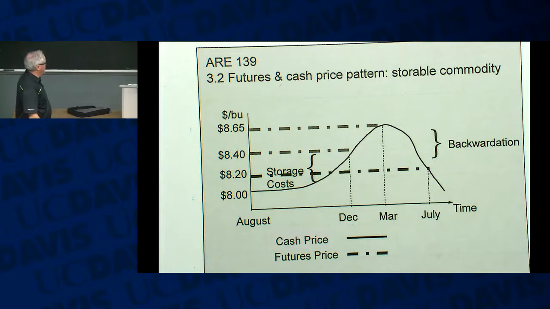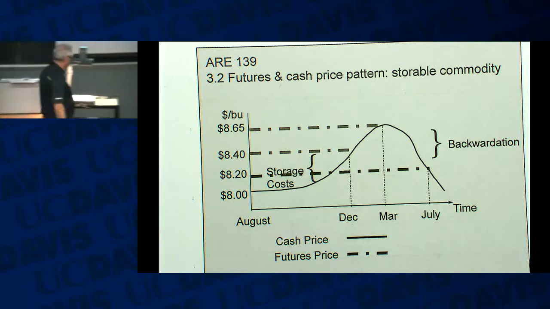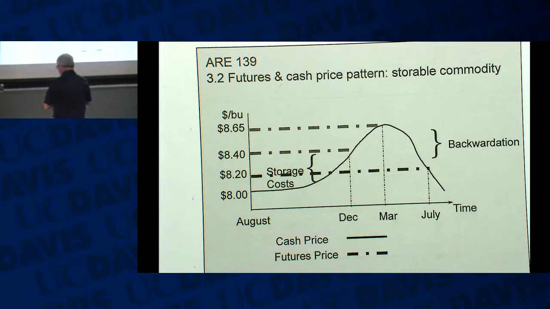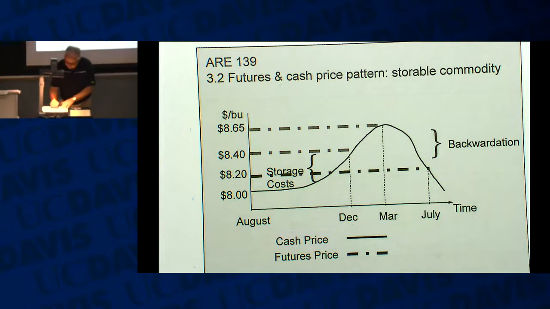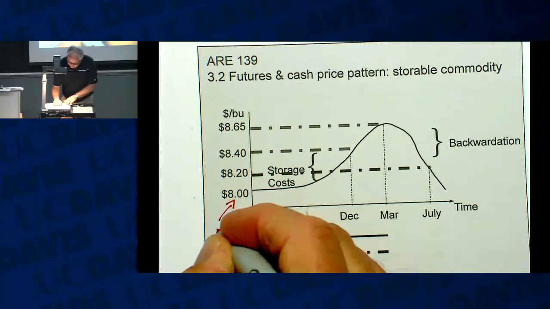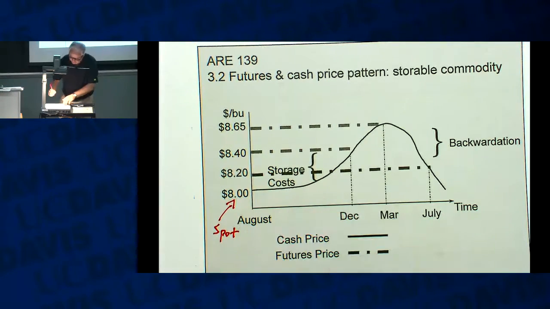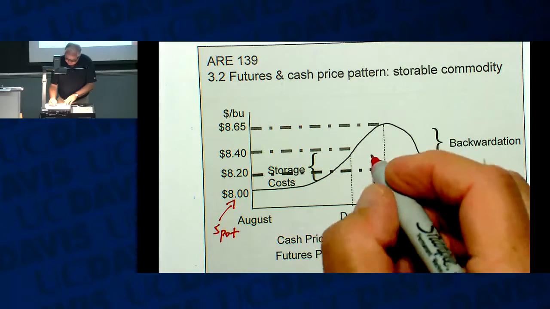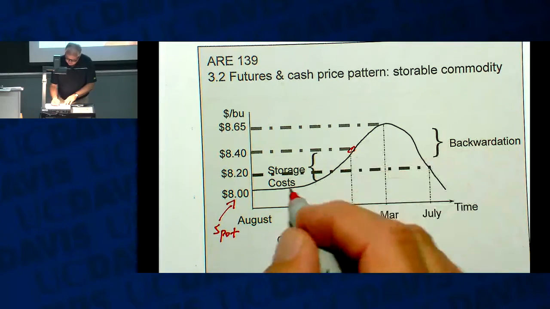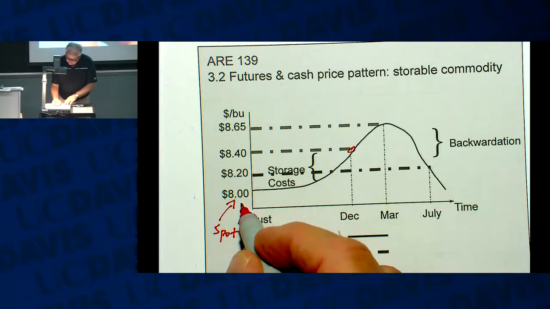So here we have the wheat market over on the left-hand side. This would be the spot price. Let's say it's August. That would be the spot price. And then we have these futures prices. We have December futures price, which is $8.40. Spot price is $8.